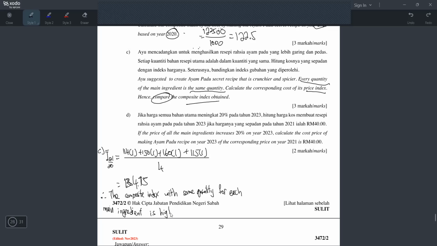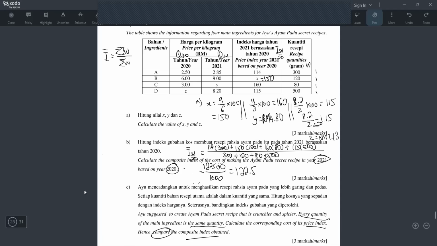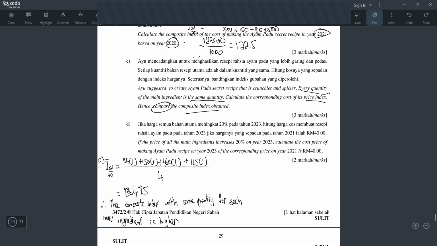Is higher. Okay, it is bigger. Because this is the composite index when you take the same quantity for each main ingredient, right? So it's higher, because the old one is 1 to 2.5, right? So when I take the weightage all the same, the composite index is higher. So whenever they say compare, you must write separately bigger, separately smaller.